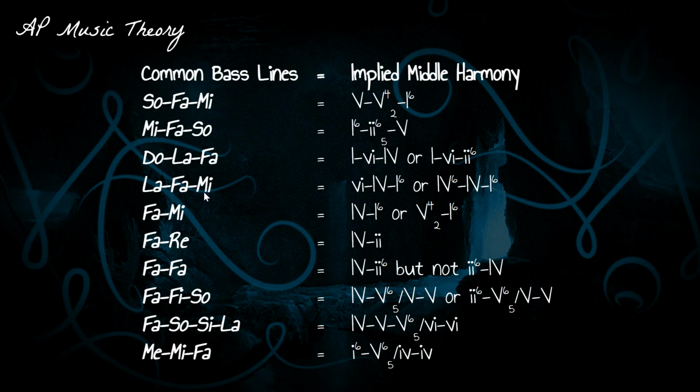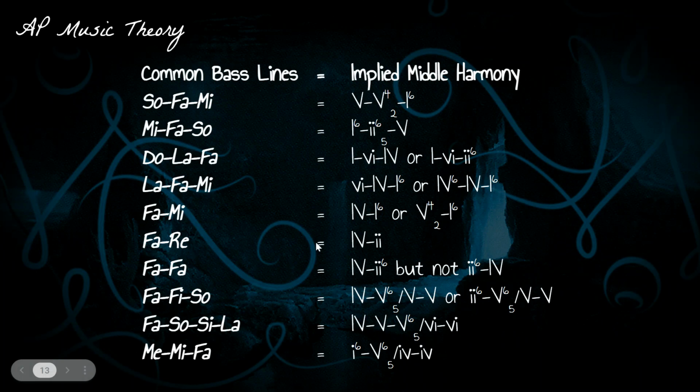We have la, fa, mi with the subdominant to the submediant to the tonic in first inversion, or the submediant in first inversion to the submediant to the tonic in first inversion. Fa, mi would imply a subdominant to a first inversion tonic, or a third inversion dominant added seventh to a tonic in first inversion.